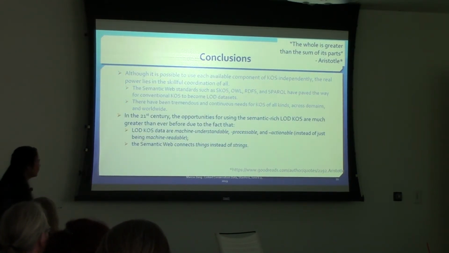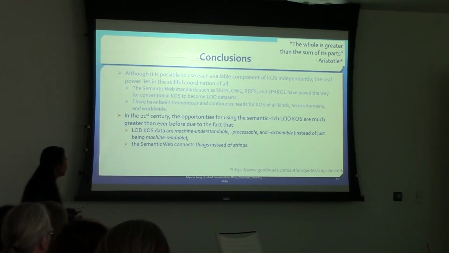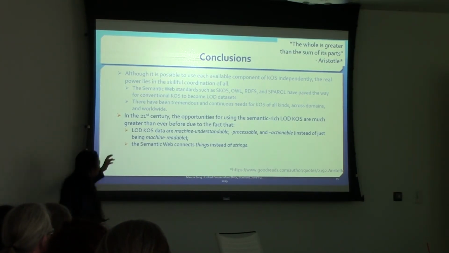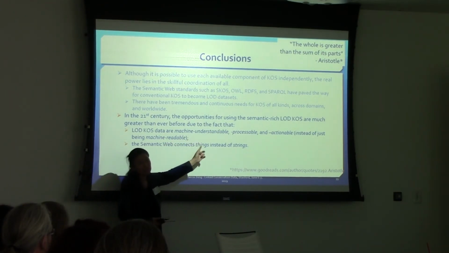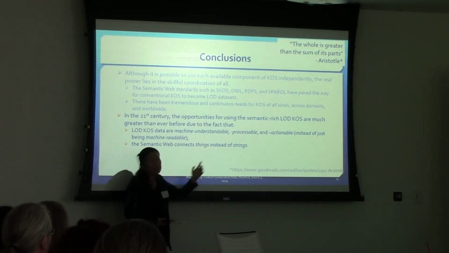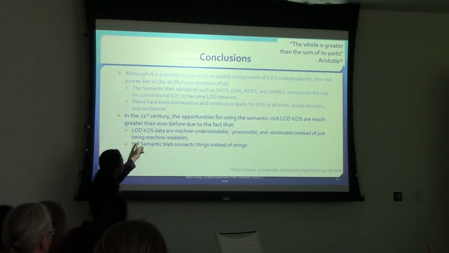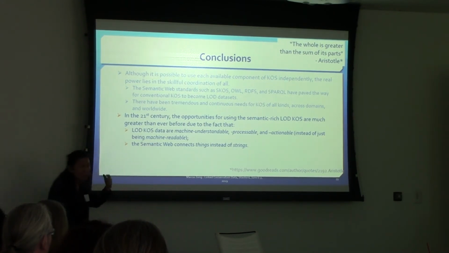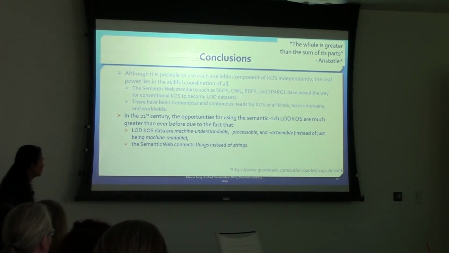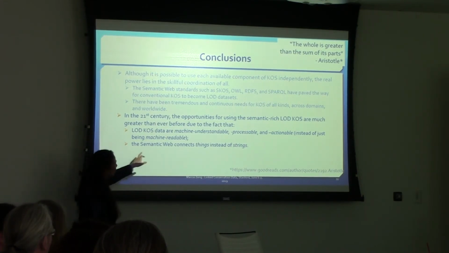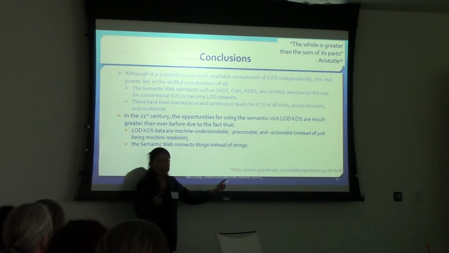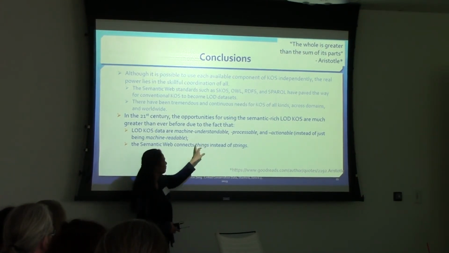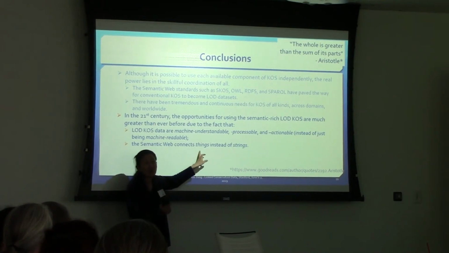In this century, we will see that what we are creating is machine understandable, processable, and actionable, not just machine readable. This is the very key thing we need to make. And we're linking things, not just strings. We're linking things because each of them has triples behind, has a URI.